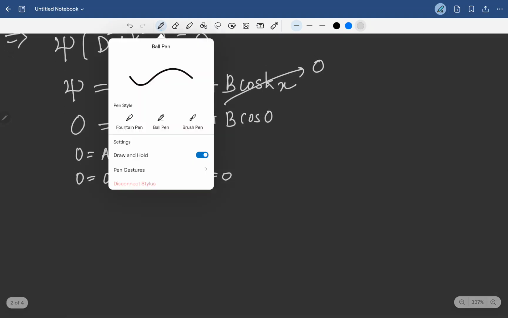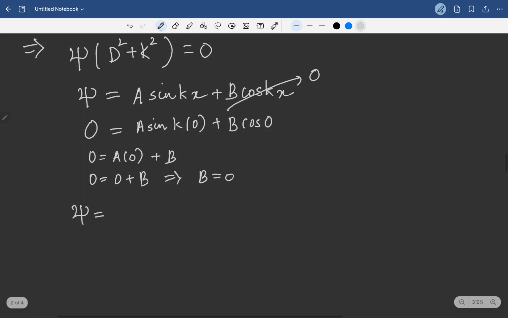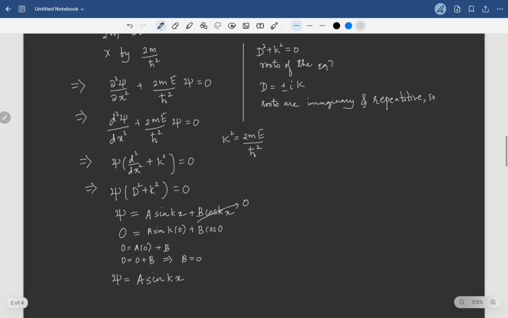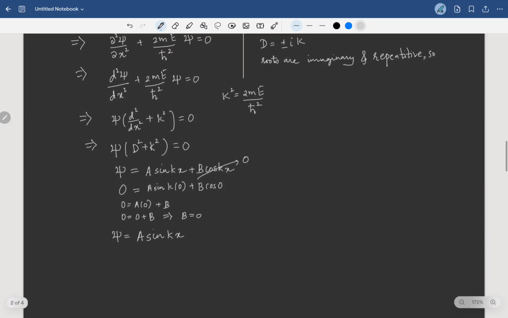So what we are left with now is psi is equal to A sine kx. Okay, we have to find A here. Let's put this value: at x is equal to L, psi is equal to 0.